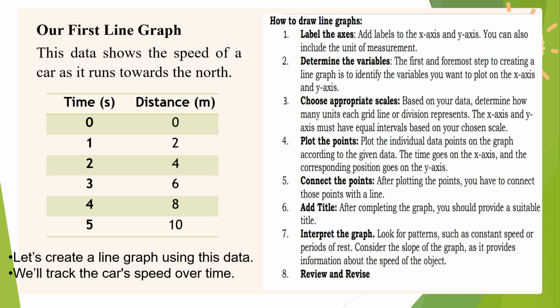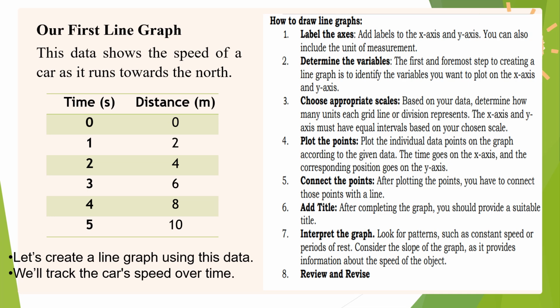Plot the points. Plot the individual data points on the graph according to the given data. The time goes on the x-axis and the corresponding position goes on the y-axis. Next is connect the points. After plotting the points, you have to connect those points with a line. Then, add title.